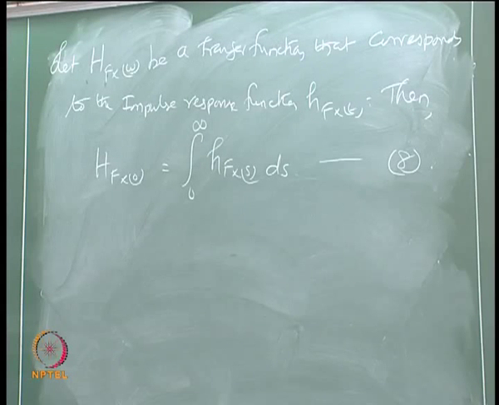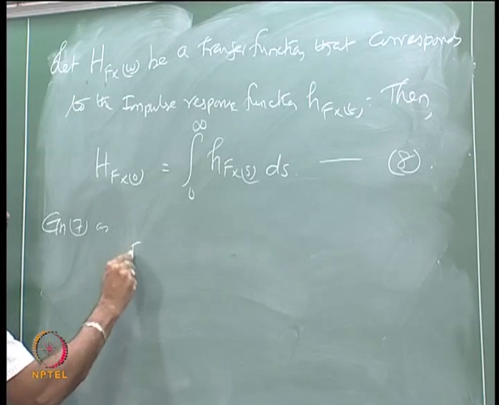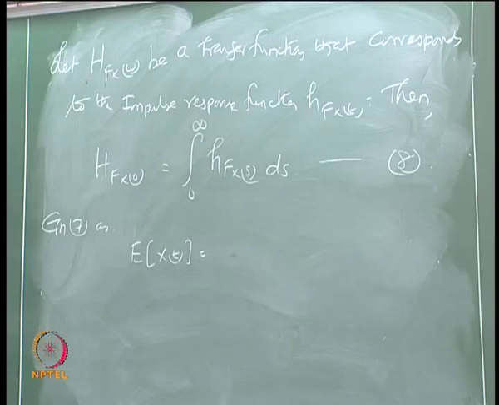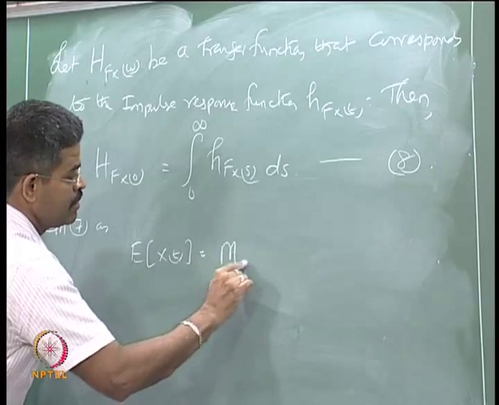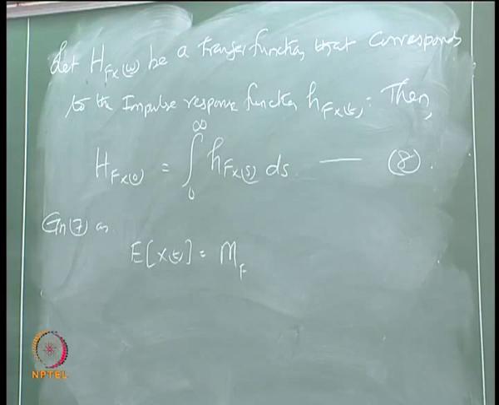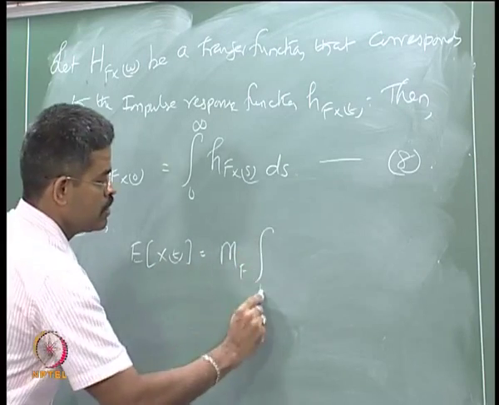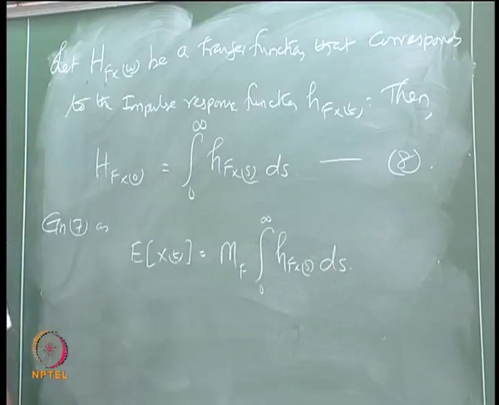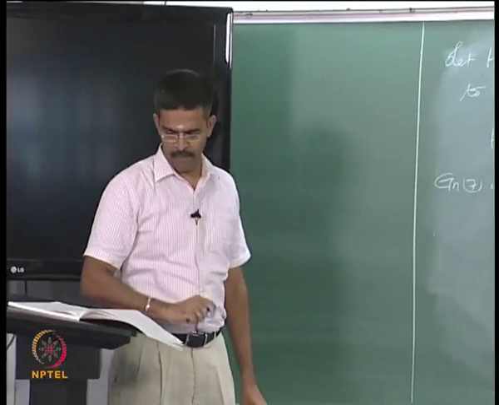Now I have the equation 7. I am rewriting equation 7 as, the original equation 7 was this: expected value of x of t was given as the mean value of the force times the integral from 0 to infinity of h of x of s ds. Is that okay? This was the original equation 7 we had.